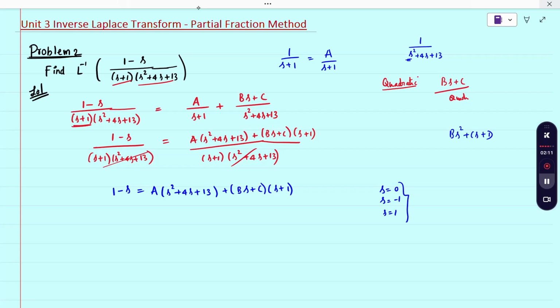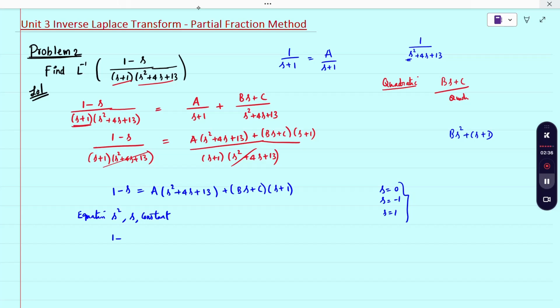Equating the coefficient of s squared, equating the coefficient of s, and equating the constant separately, we get certain equations. Solve those equations and you get the solution a, b, c. That is what I am going to do in this problem. Before that, expand the equation so that I can find the s squared term, s term and constant term.